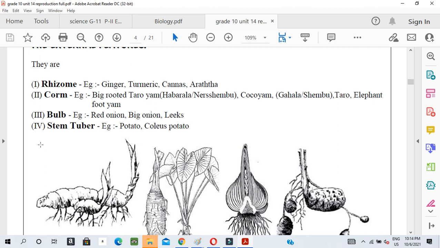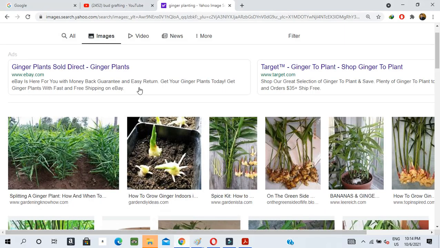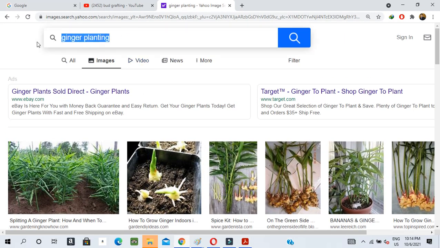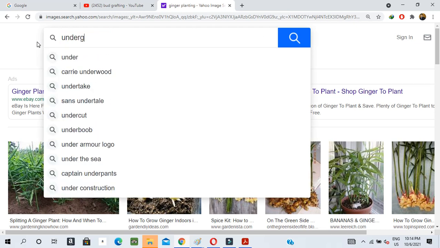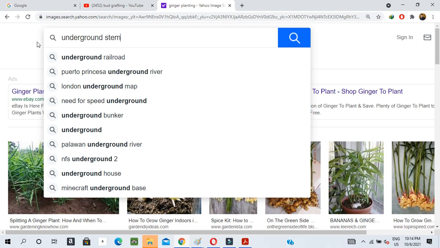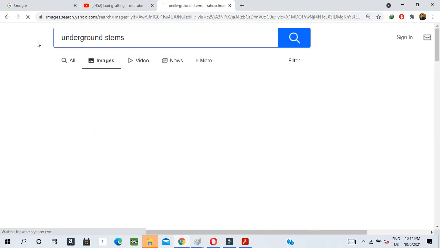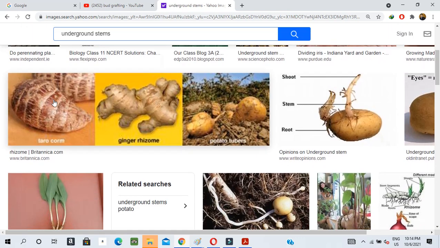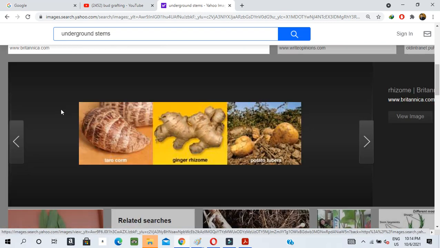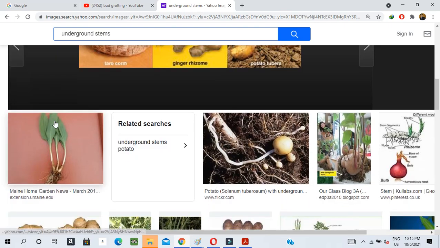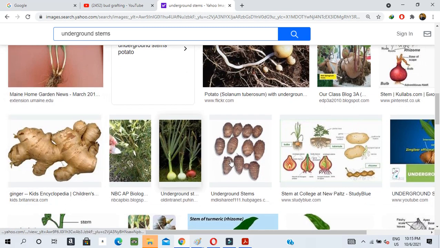Similarly, corm is another type. In this one you can see taro yam. Here this is the taro yam. So taro yam is an underground stem.